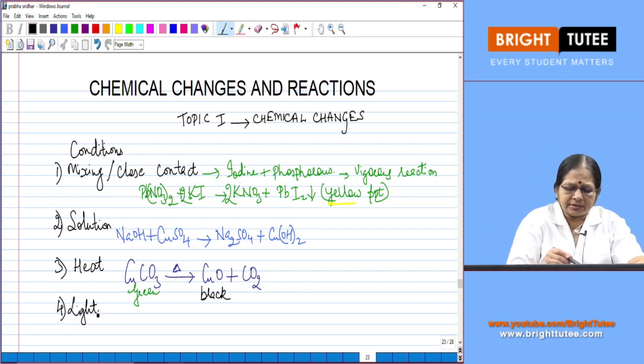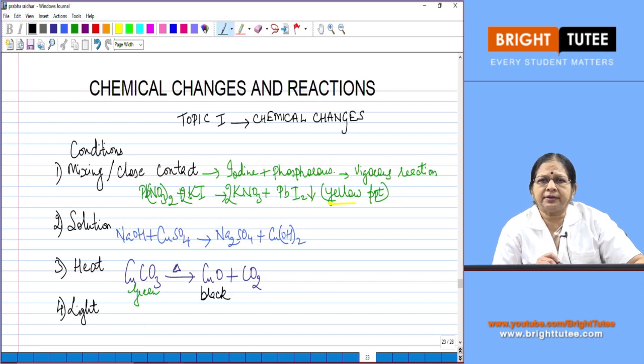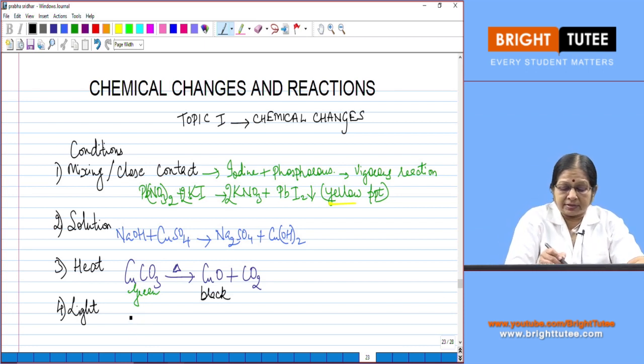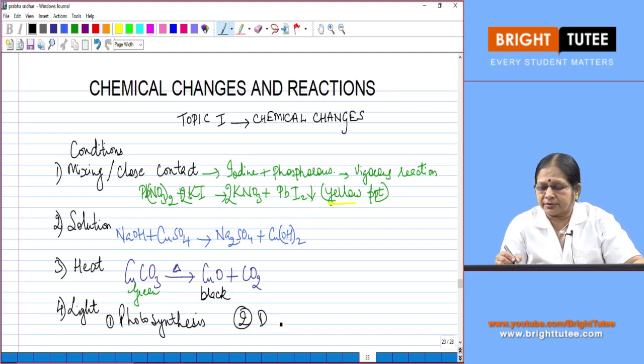The next condition is light. Light can be a major condition for a reaction, like one major example, photosynthesis. Then there is decomposition of silver salts.